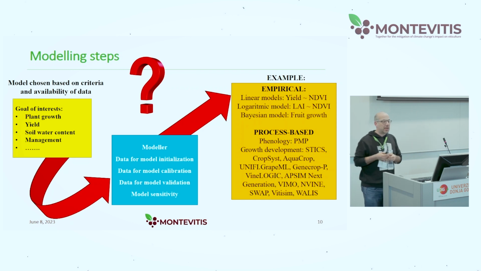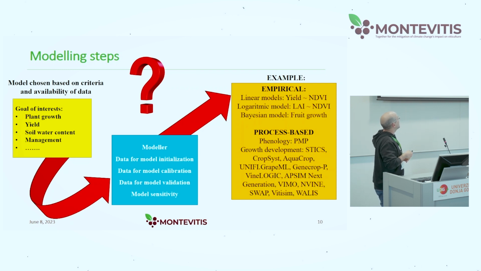We can also use a logarithmic model considering the LAI and then DVI, because the DVI has an asymptotic, more or less, trend with the LAI, and then, for example, a Bayesian model for characterizing the fruit growth.